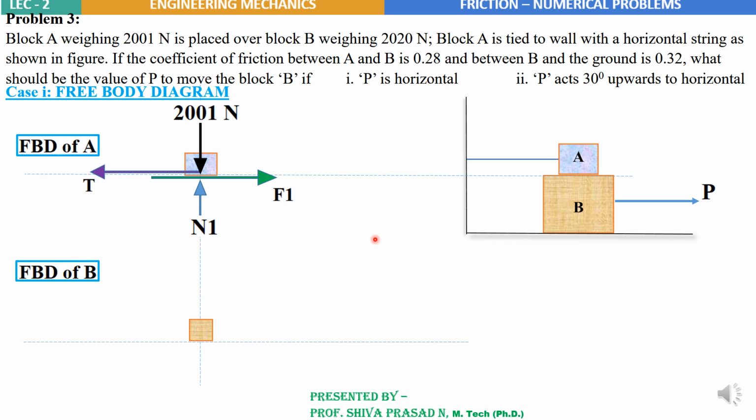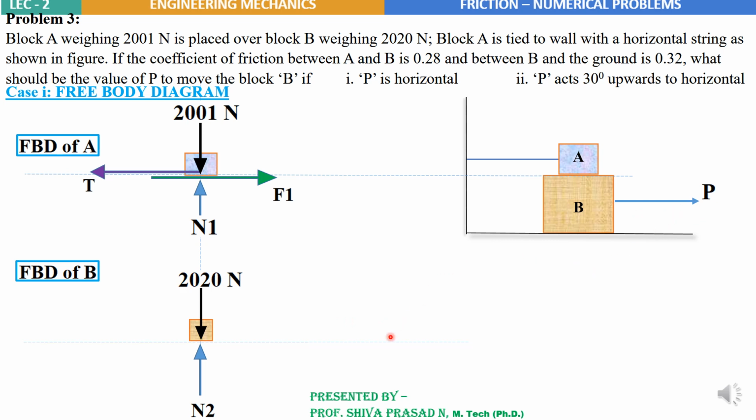The first force I'll consider on this will be the weight of block B, that is 2020 Newton, and to this we have an upward force, the normal reaction force, which I will represent by N2. We have a right side force P on block B, so I'll draw that here. I have highlighted this P because that is the required force to be found.